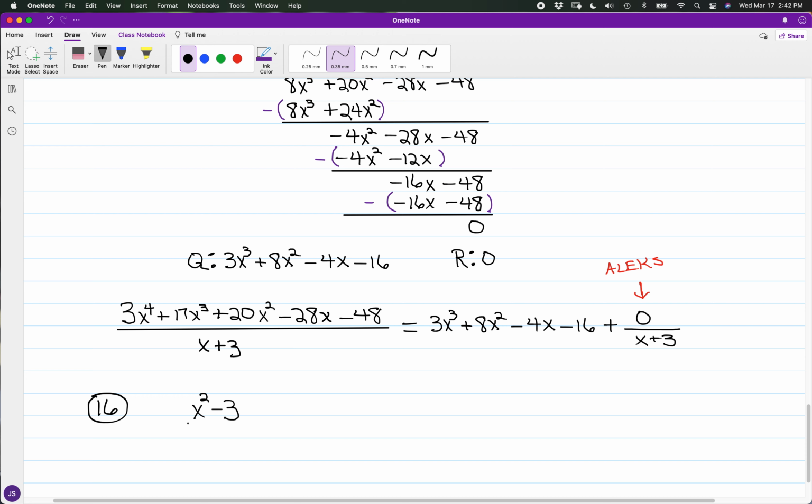Here we have x squared minus 3, and we're taking that into the polynomial: x to the 5th minus 2x to the 4th plus x cubed. Again, we have a missing square term. And we have minus 8x plus 18.